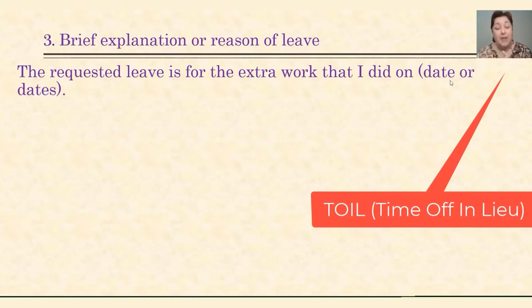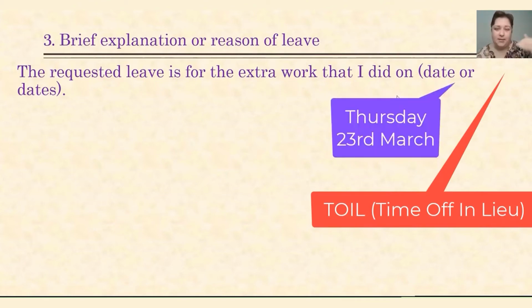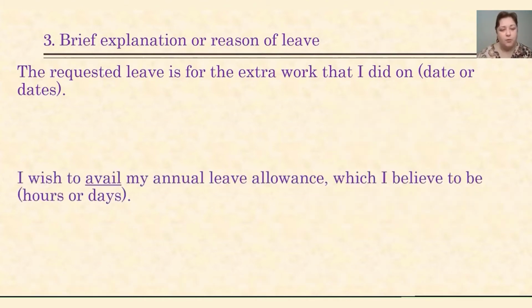Now your boss will give you one of your days off, but you have to request it. The requested leave is for the extra work that I did on, for example, Thursday, the 23rd of March. So you have to say when you did extra work, because you did extra work, now you want some time off, which your boss knows.